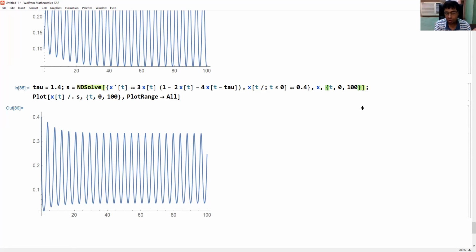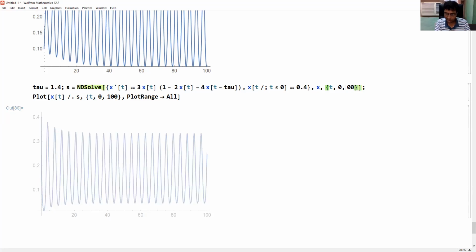Means if we consider a small neighborhood of x2 star and take initial data there, then we get periodic oscillations. So solutions are not unbounded as well as not converging. Such things are called stable but not asymptotically stable.